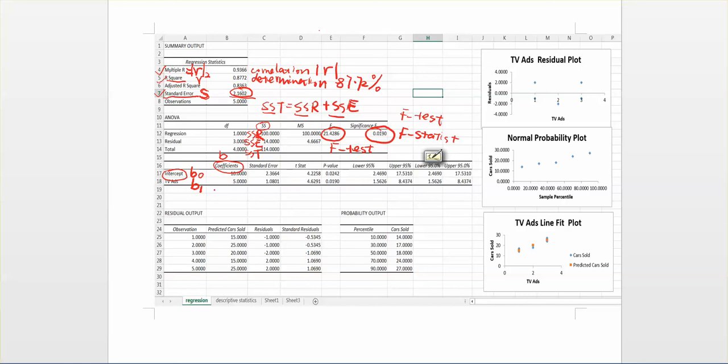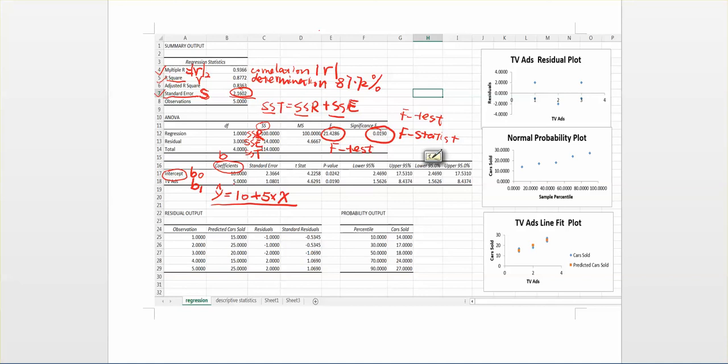If we write down the model, we have y hat equals 10, which is B0, plus 5 times x. This is our estimated regression equation. That's the first part you need to pay attention to.